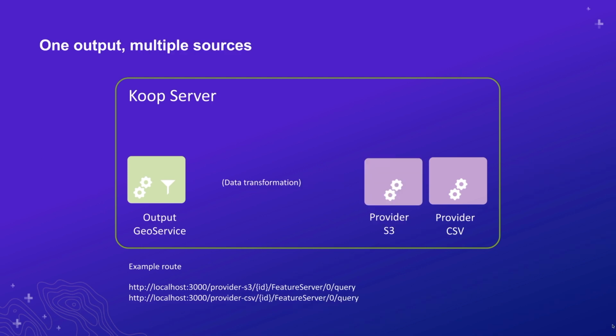It's useful to illustrate what happens when you register different combinations of output plugins and providers. In this example, we've got one output plugin, the GeoService output plugin, registered with our instance of Koop, but we've got two different data providers, the S3 provider and the CSV provider.